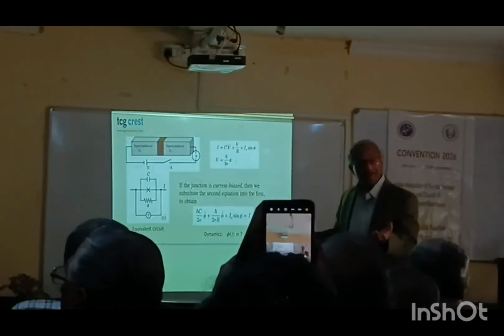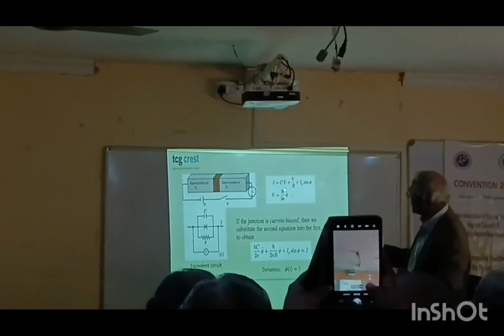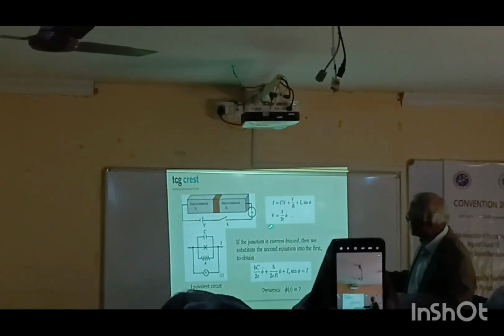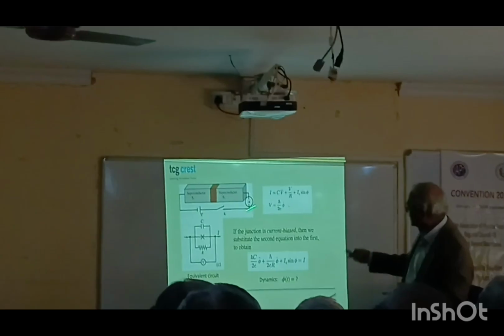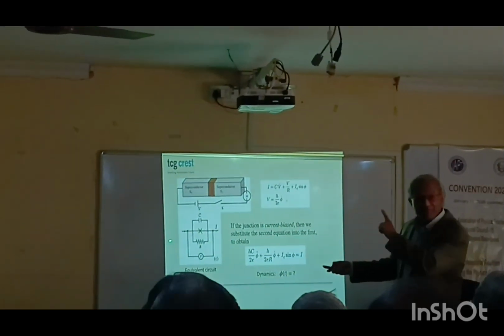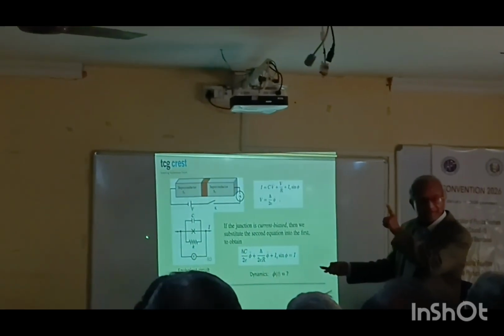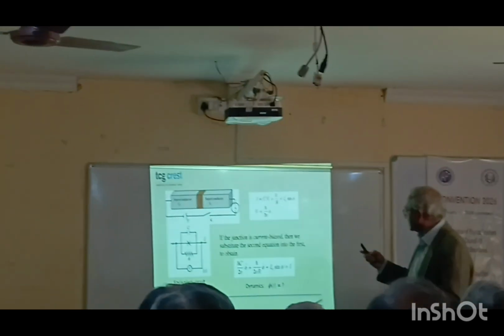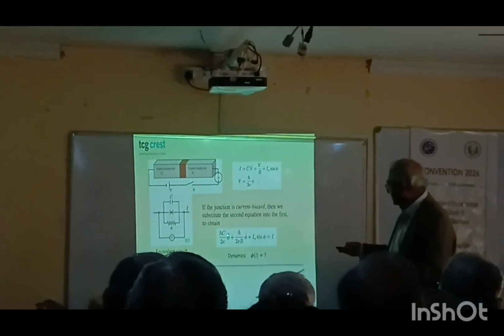Capacitance times voltage. So dQ by dt is the current, so we have to take the voltage derivative, V dot. So this is the current through the capacitor, this is the current through the resistor, and this is the current through the Josephson junction. That was given by the first Josephson equation. Right? So now you can rewrite this in this form.